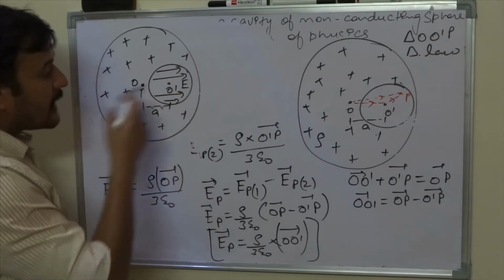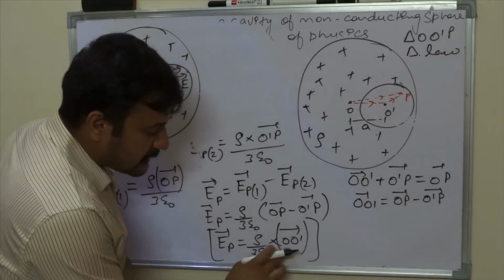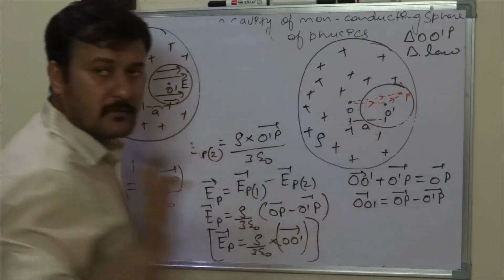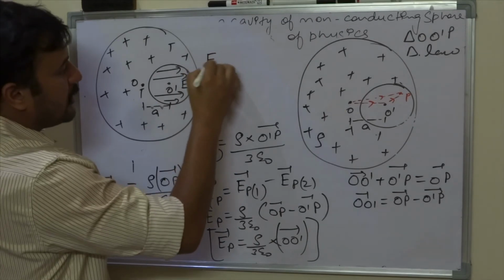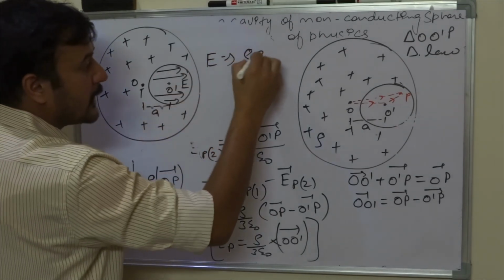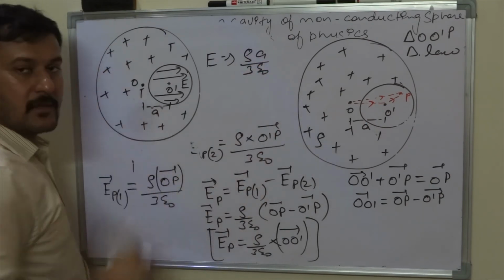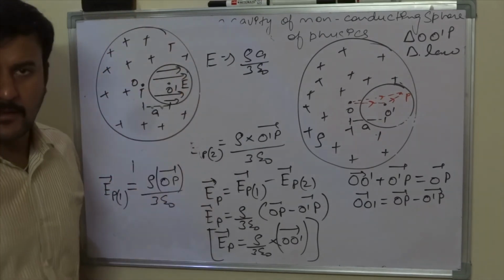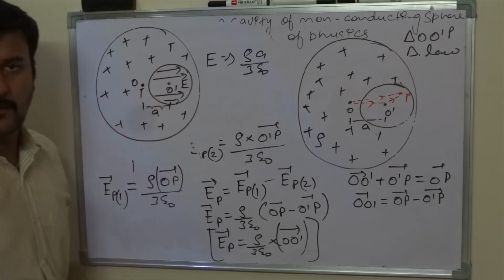I'm saying uniform because this field depends on this distance, and this distance is constant. Now what is the value of the field here? The value of the field is rho A by 3 epsilon naught, where A is the distance between the center of the bigger sphere and the cavity. This is the value of the electric field inside this cavity.